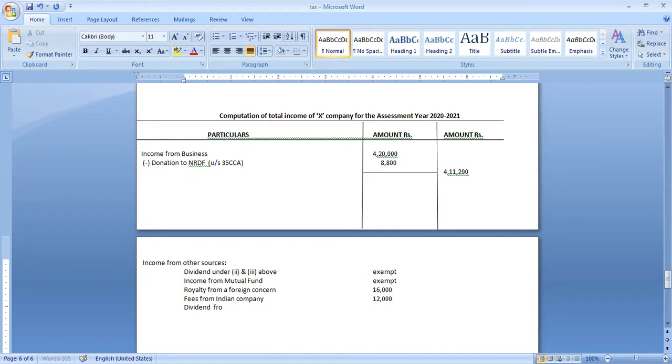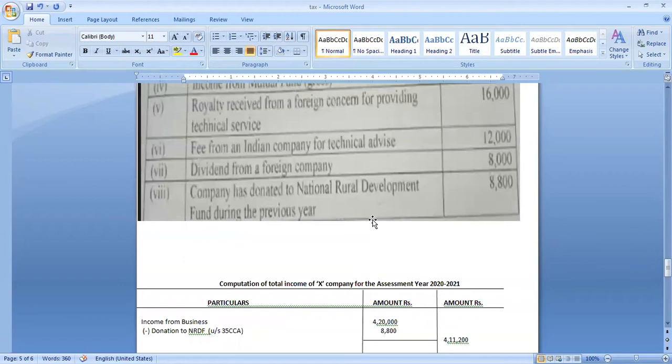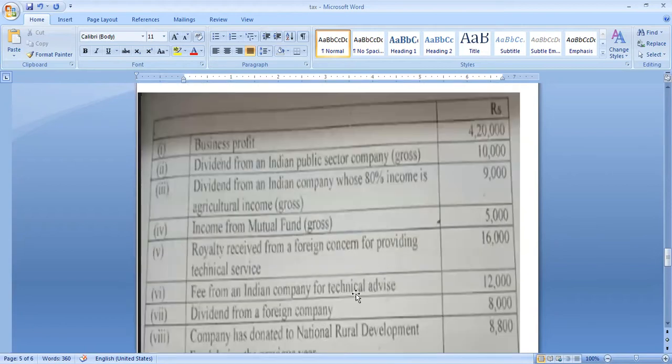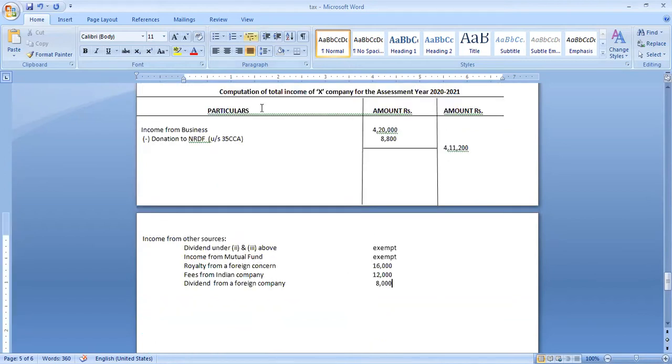So all these items are over. All the items are mentioned. Okay. Now you have to add them. You will get gross total income.